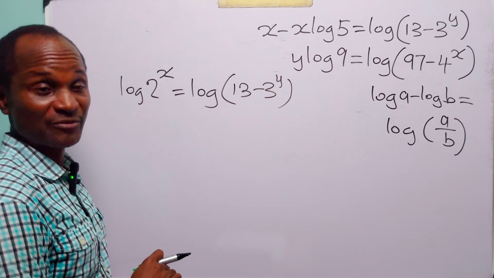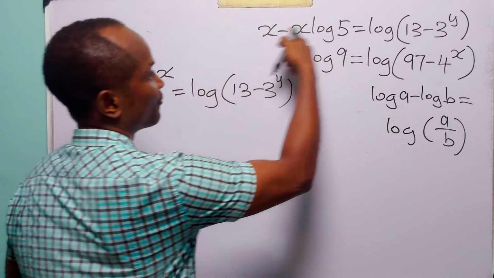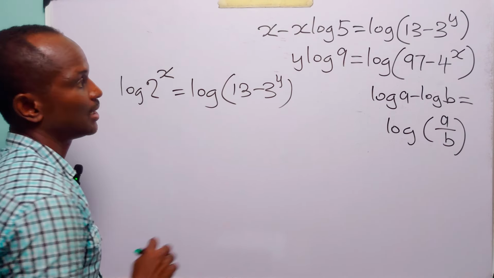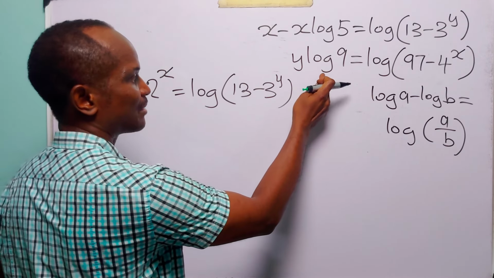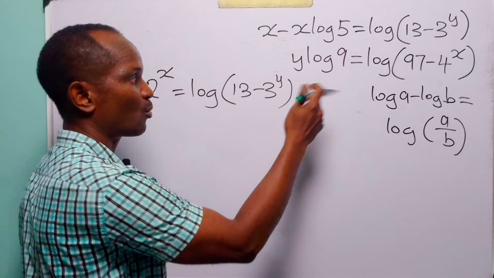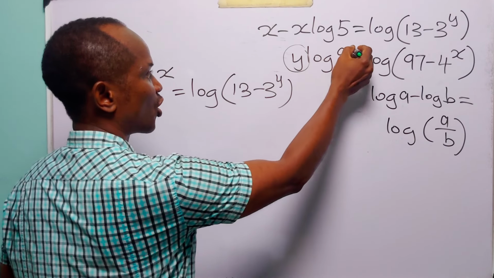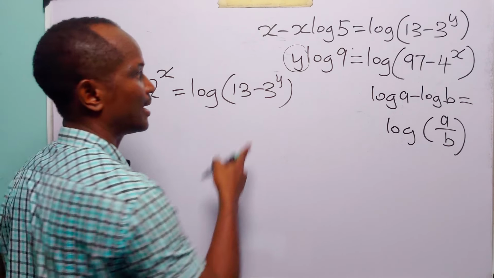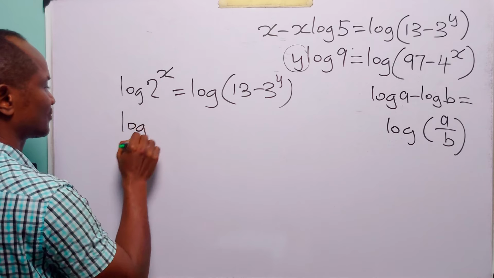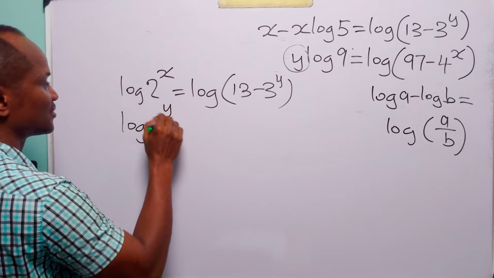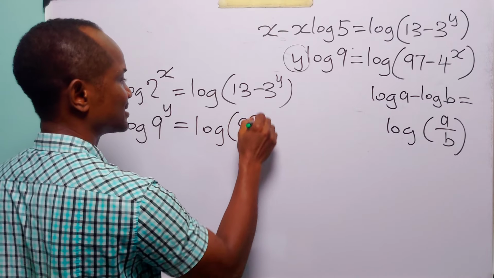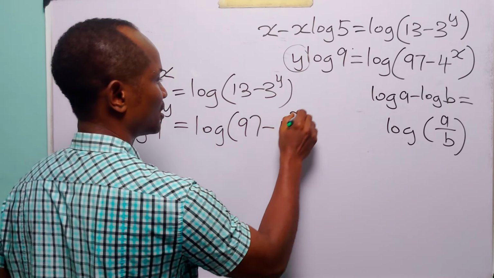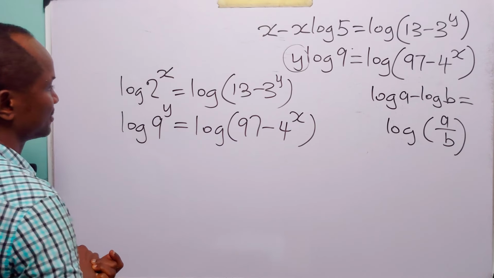So after all the simplification, this is what we have from this first equation. Now, from the second equation, all we have to do is to apply the power rule to this left-hand side. When we do that, this goes up to become the exponent of 9. And we have log 9 to the power y is equal to log 97 minus 4 to the power x.